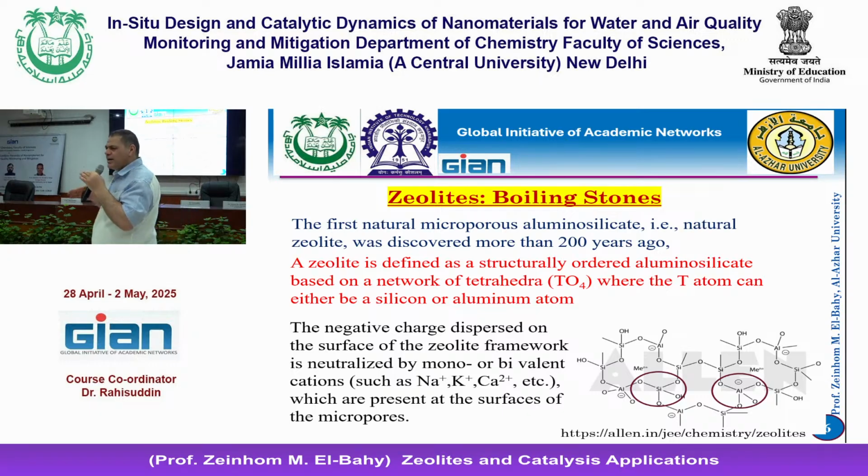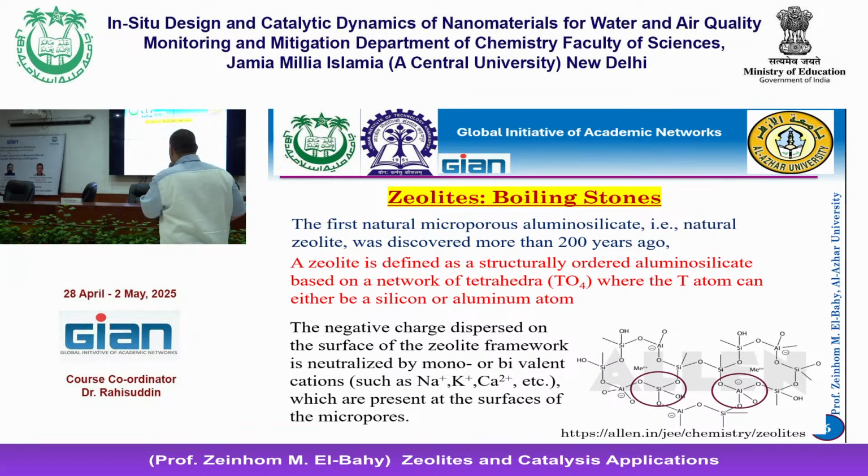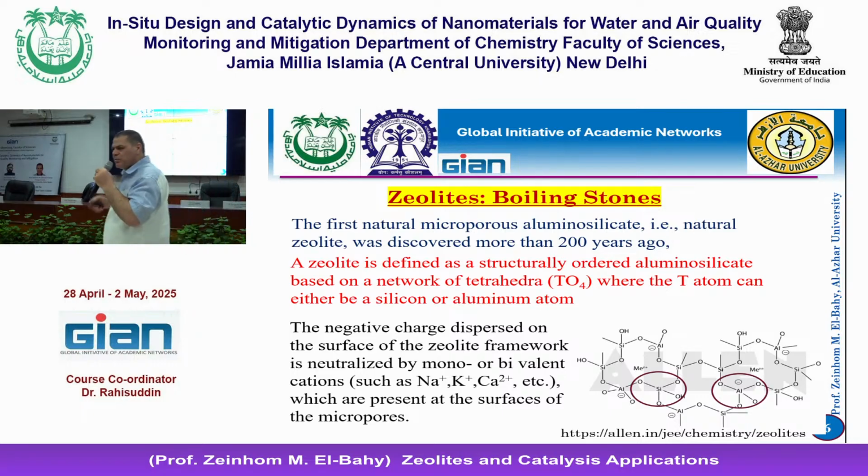They are arranged as silicon surrounded by 4 oxygen atoms, or aluminium surrounded by 4 oxygen atoms. So the repeated unit is TO4, where T equals silicon or aluminium in both cases. So TO4 is repeated, whatever it is, silicon or aluminium.